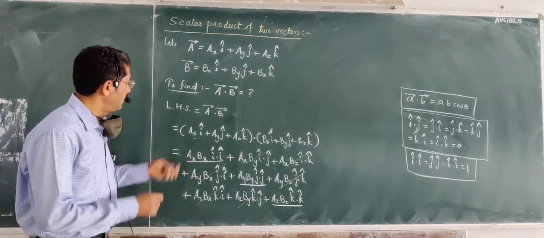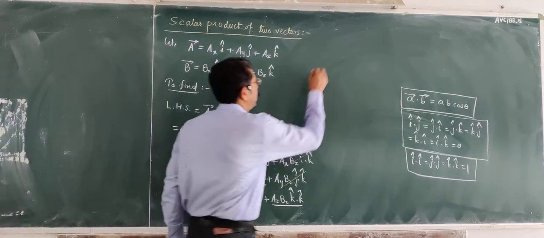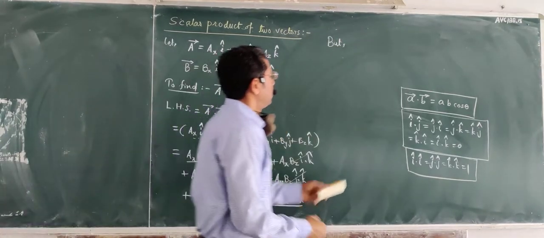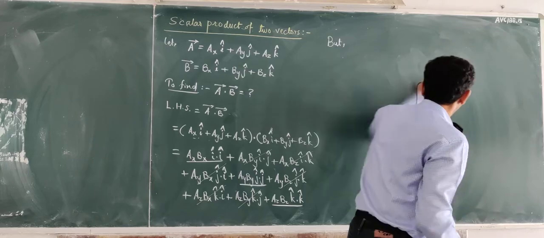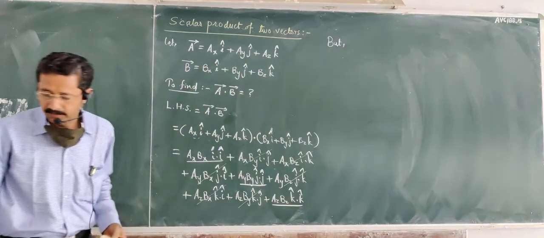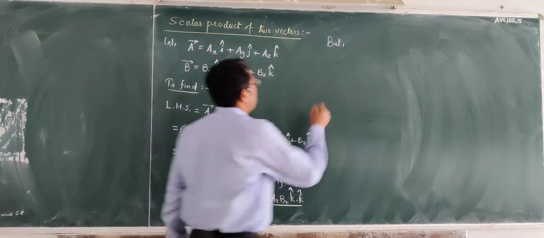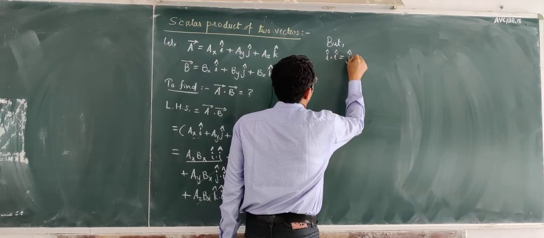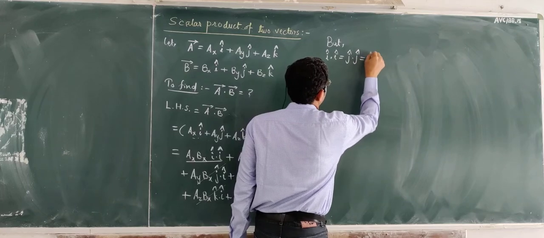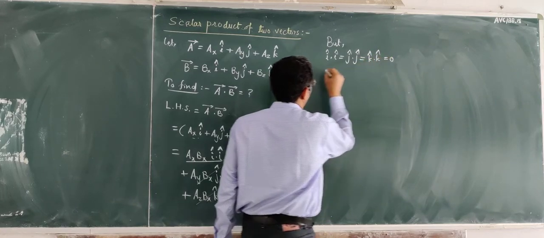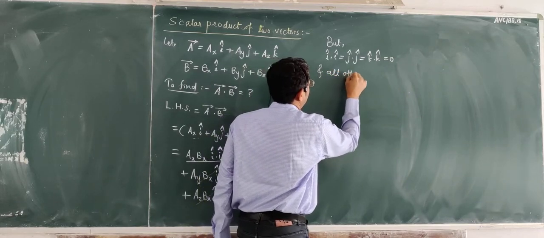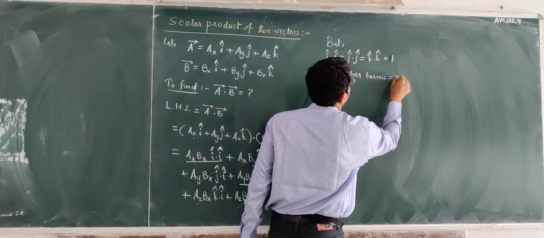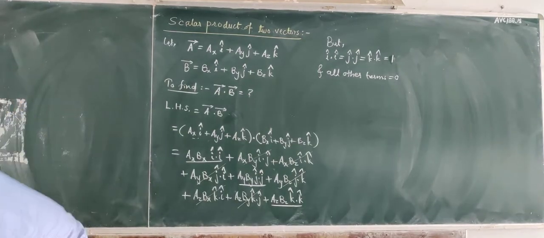So I dot I is equal to J dot J is equal to K dot K is equal to 1, and all other terms are equal to 0. So what is left?